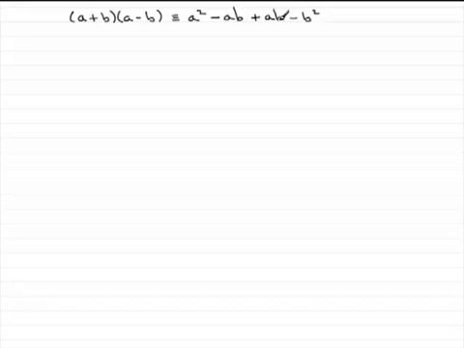And minus ab plus ab comes to 0. So what that leaves us with is simply a squared minus b squared.